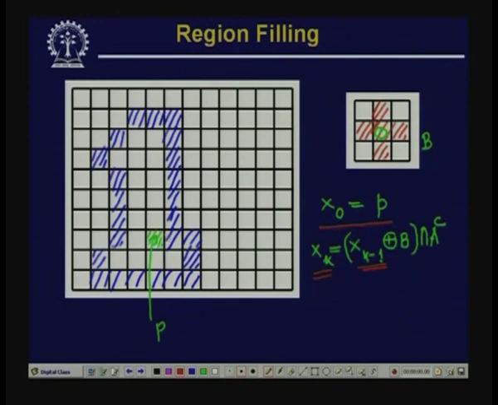If I dilate this X0 with our structuring element B as given over here, you find that these are the points which will be set equal to 1. And since this has to be intersected, this point will also be set equal to 1. But since we will take the intersection with A complement, and in A complement this point is black, if I take the intersection, this particular point will be removed. So what I have in X1 is all these points.